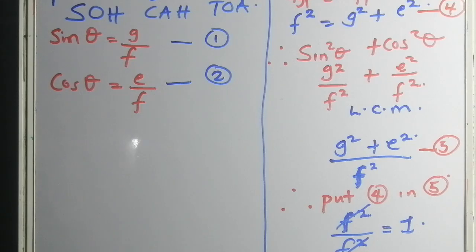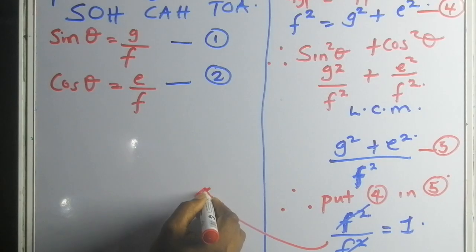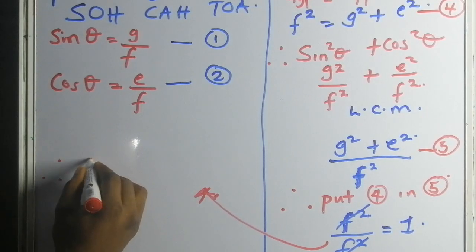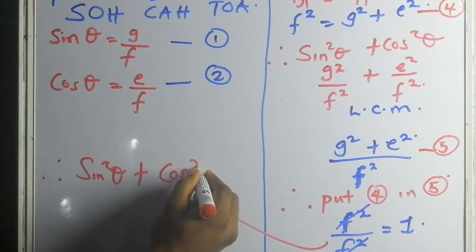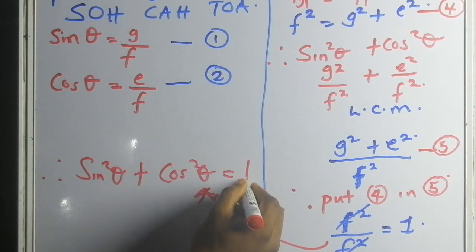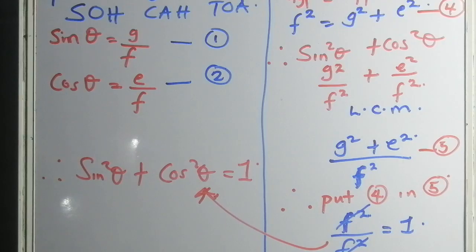So I can conclude and say, therefore, sin square theta plus cos square theta equals 1.